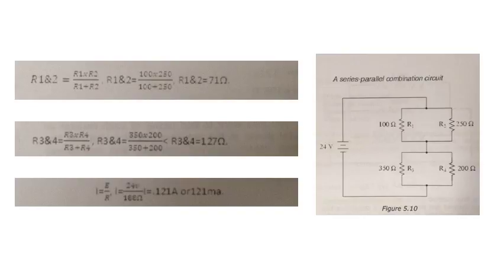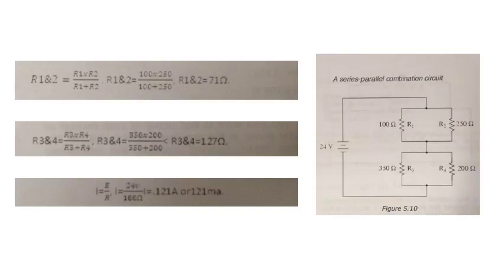Looking at figure 5-10, the best way to approach it is to find your total circuit resistance first. You can accomplish this by turning the parallel circuits into series. R1 equals 50 ohms and R2 equals 250 ohms. You can use the product over the sum method to convert that part of the circuit.